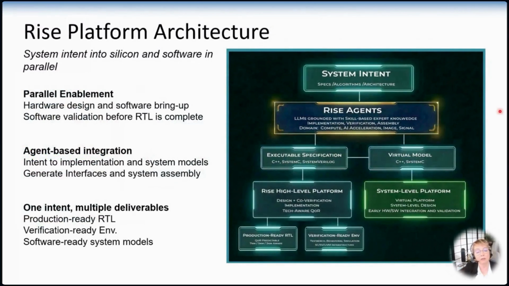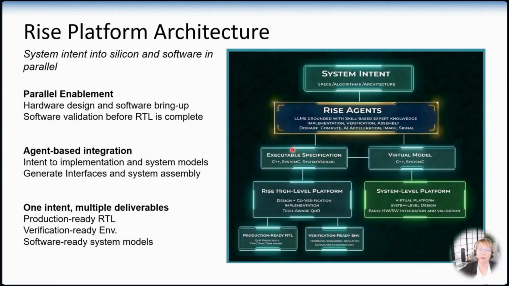I want to introduce to you the RISE platform architecture, which is essentially what enables us to go from system intent to both silicon and software in parallel. It is basically starting with system intent and delivering, through Agentic AI and the RISE specialized agent, an executable specification, which is the hardware description, which then flows into the RISE high-level platform.